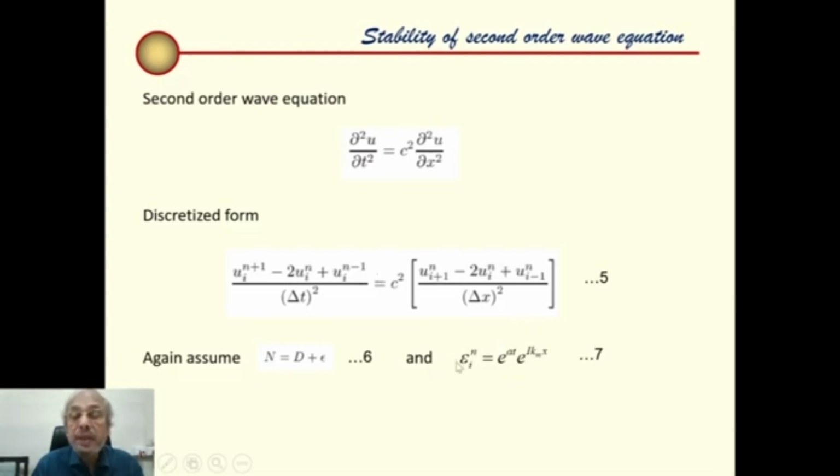And then again epsilon is substituted by any term of the Fourier series, which is e to the power at into e to the power I km x.